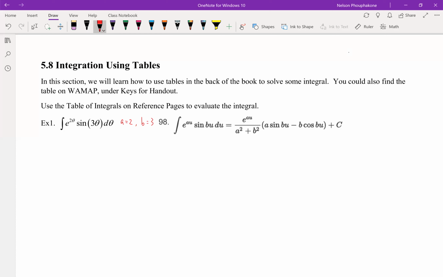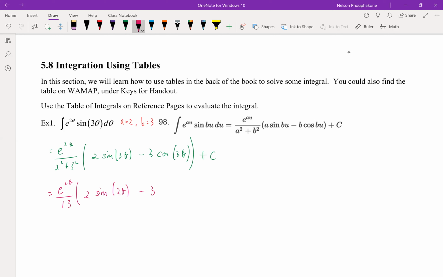So the answer that you have will be e to the 2 theta over 2 squared plus 3 squared, multiplied by 2 times sine of 3 theta minus 3 times cosine of 3 theta, plus C. Of course, you should simplify your answer: e to the 2 theta over 13, times 2 sine of 3 theta minus 3 cosine of 3 theta, plus C. Yeah, that's it, right?